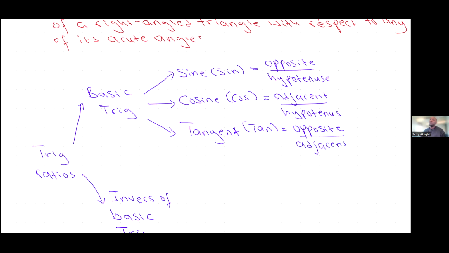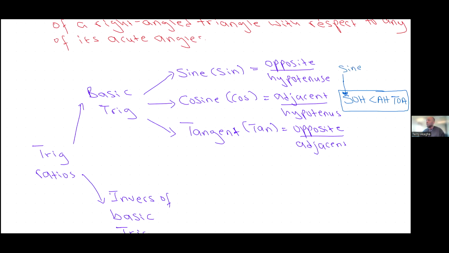So there is a mnemonic we have for this. It's called SOHCAHTOA. Some of you might have heard of this before. The S stands for the sine, so opposite over hypotenuse.